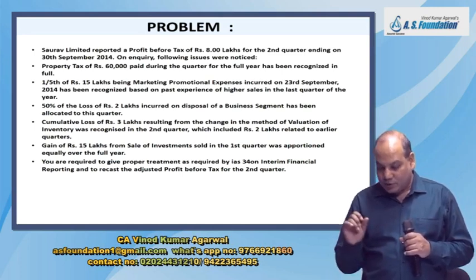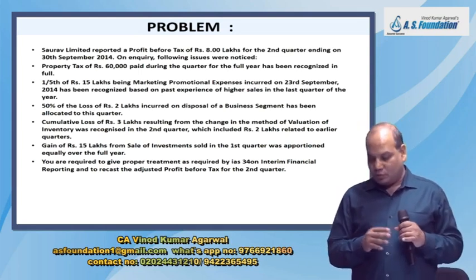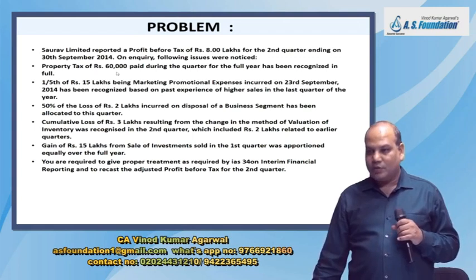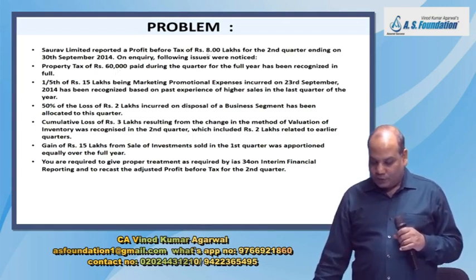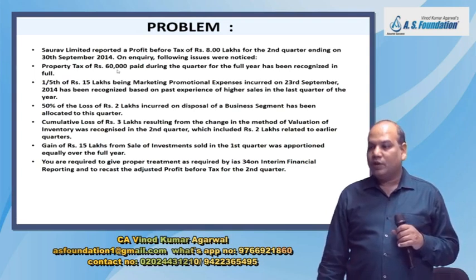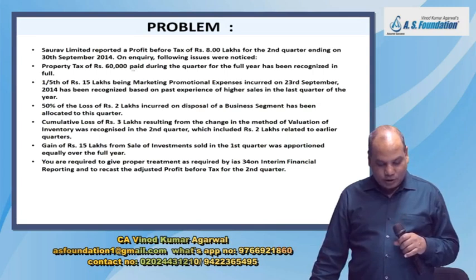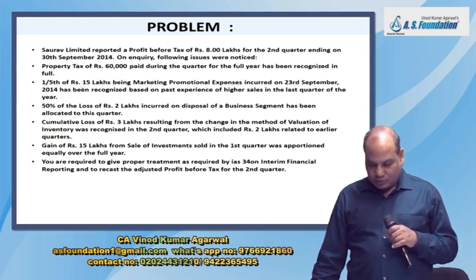In the previous example we saw property tax is a charge for 12 months. So this quarter share will be 15,000 rupees only. You have charged 60. So your profit has been understated by 45,000. Add 45,000 to 8 lakh figure. So what is your calculator showing right now? 8 lakh 45,000. Okay, continue.